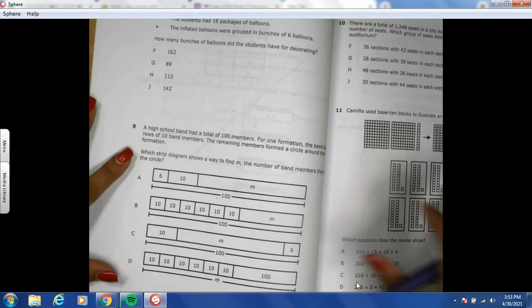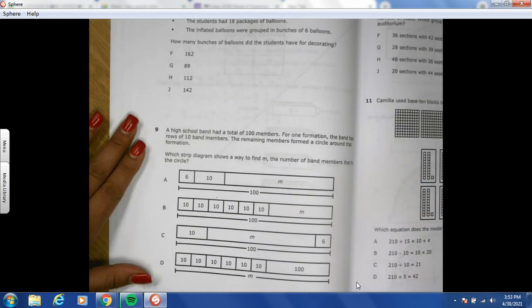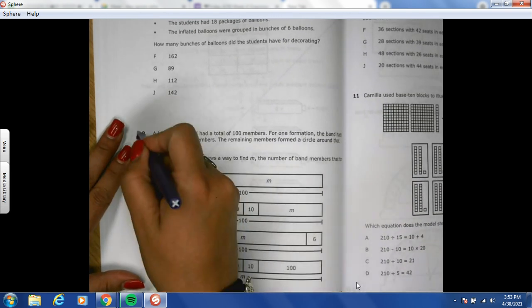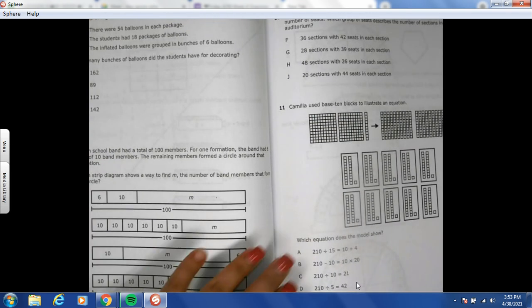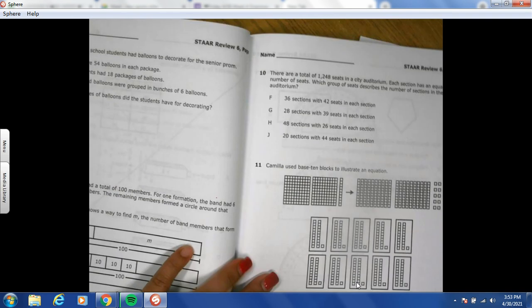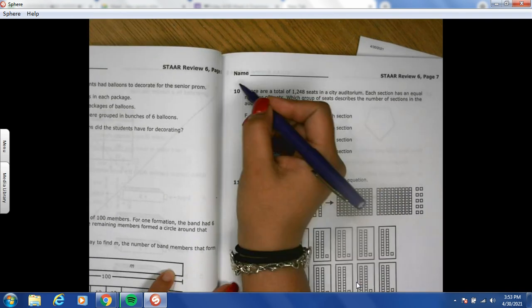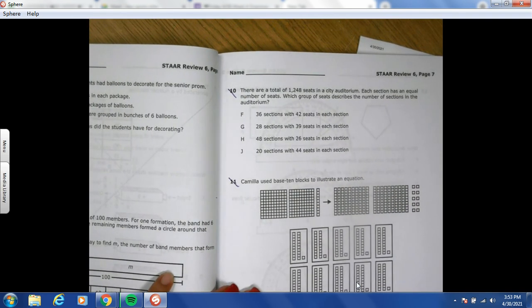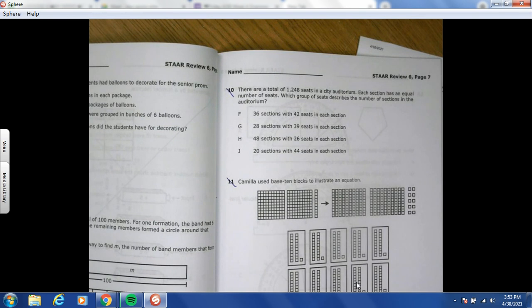We're going to take away number 9. We're also going to take away number 10 and 11. Those are the ones that we're not going to work on in this packet. So take out your packet, have it here with you.